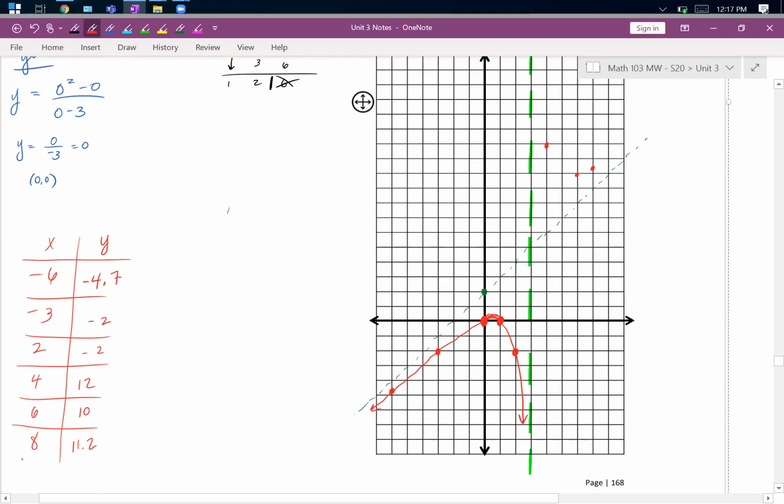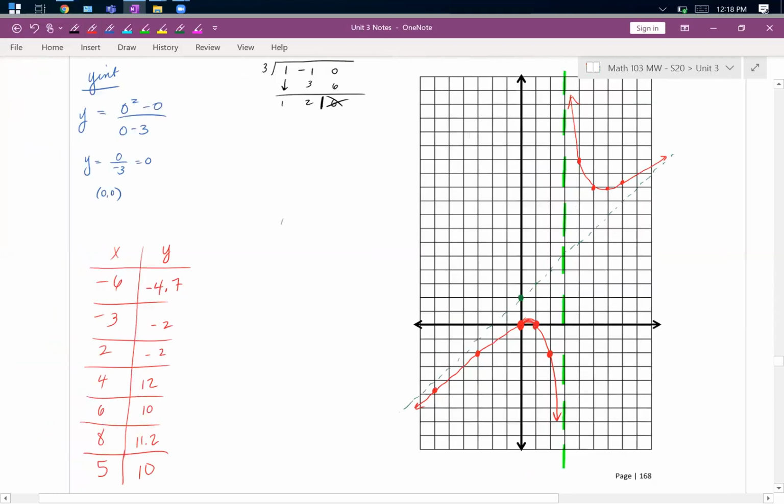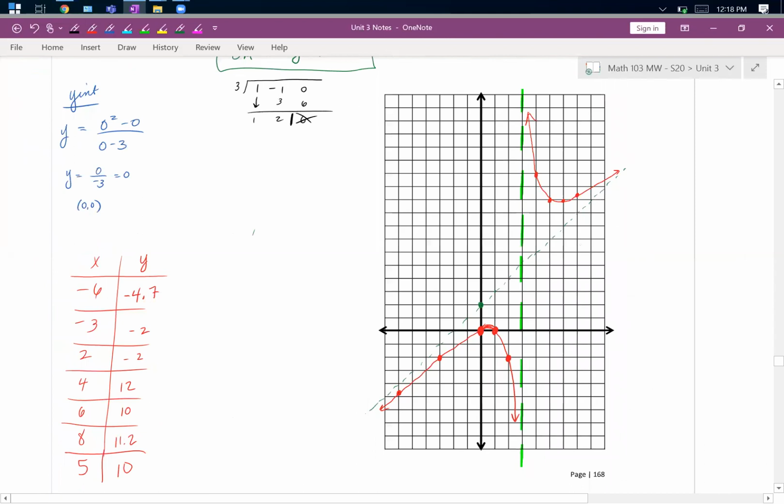I want to do x equals 5, because I'm not quite sure how that dips down and connects. So if I do 5, I get 10. All right. Well, at least that gives me a little bit better idea. I'm going to connect the points, and our ends have to tend towards the asymptotes. And there we go. There is the graph of our rational function. Questions, anybody?